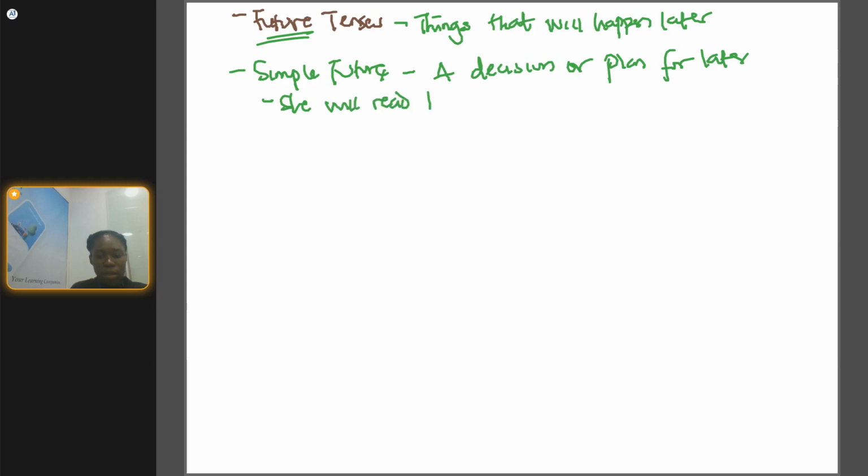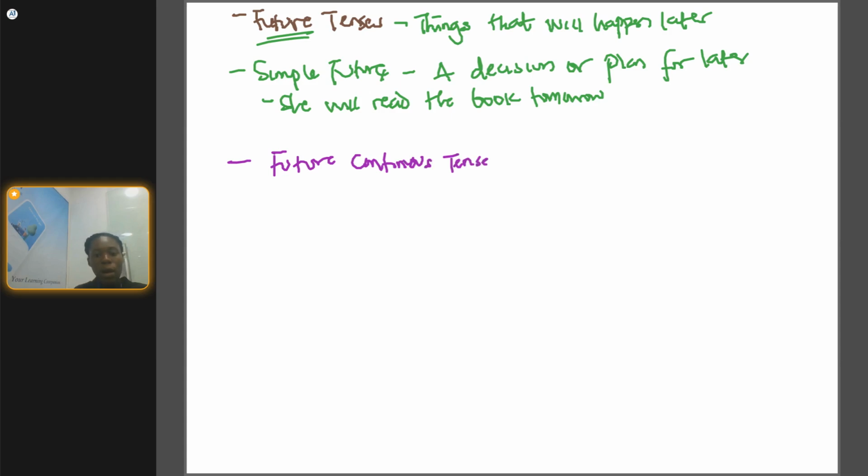That's for simple future tense. The next tense we are looking at is future continuous tense.